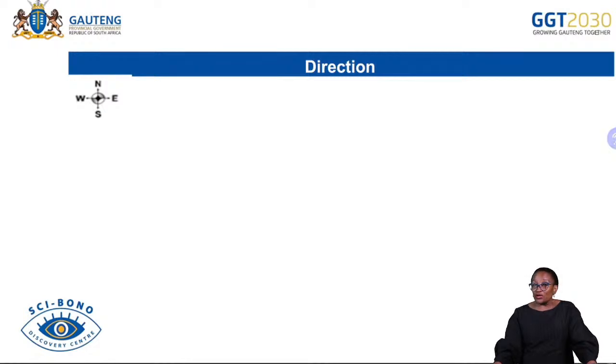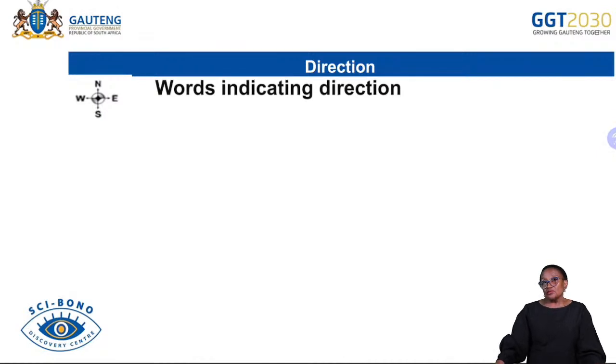That is what you need to include there. What words are you expected to use in giving directions? So these are the words that you can use indicating direction. It increases your vocab.